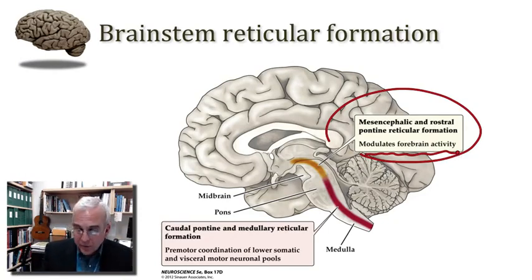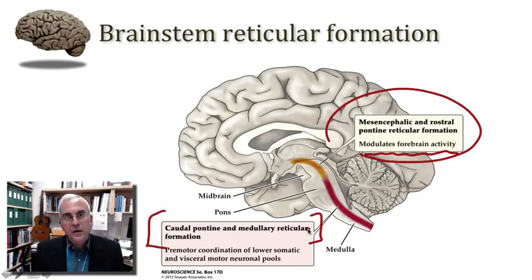The more inferior part of the reticular formation in the caudal pons and in the medulla, that's where we tend to find these circuits that have a kind of premotor function. That is, they help to coordinate the output of lower motor neurons. Many of these lower motor neurons are concerned with visceral motor functions, including cardiac rhythms and breathing rhythms and perhaps even digestive rhythms.